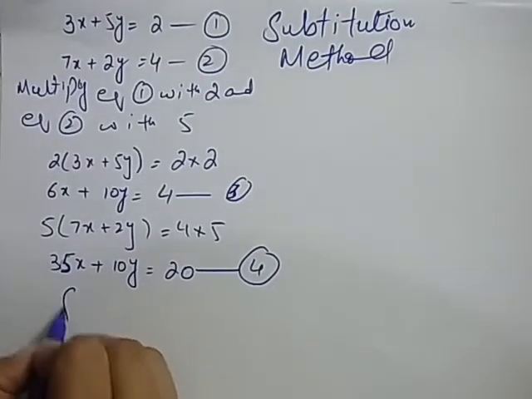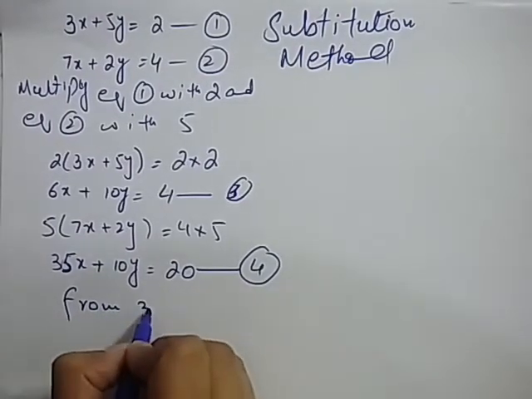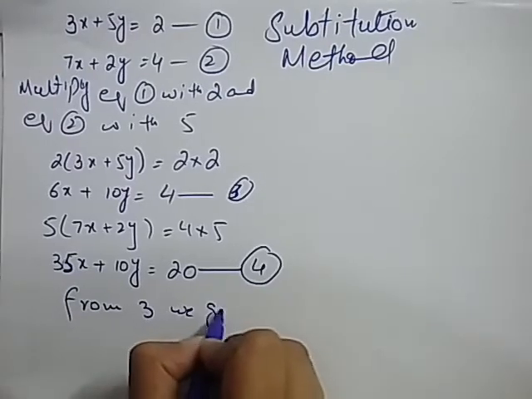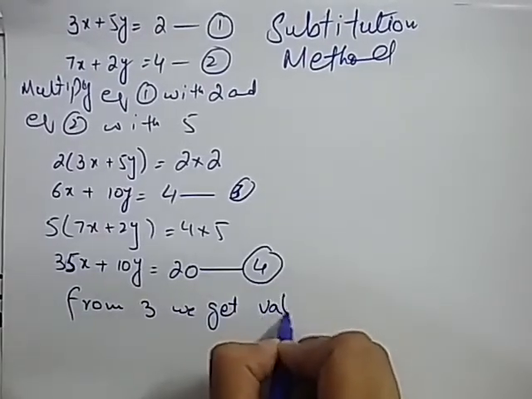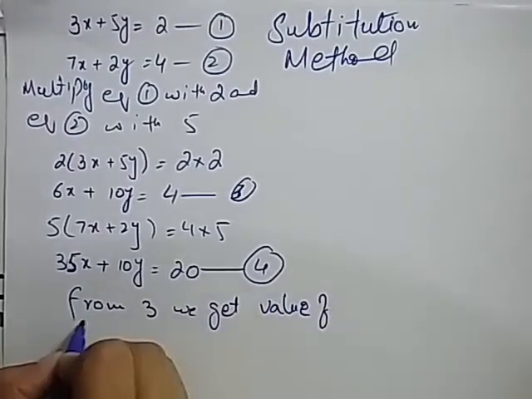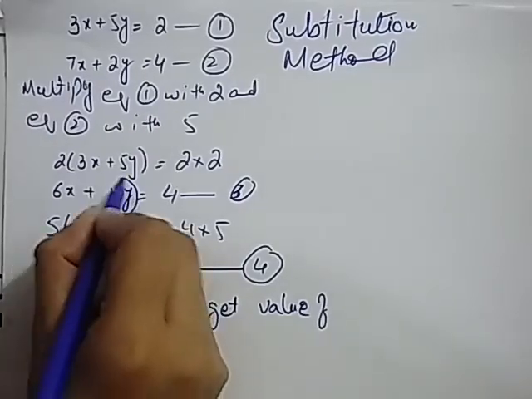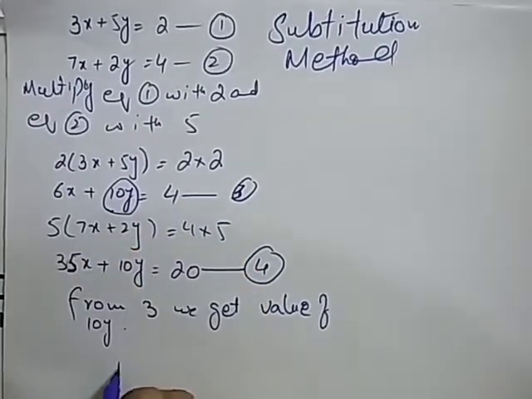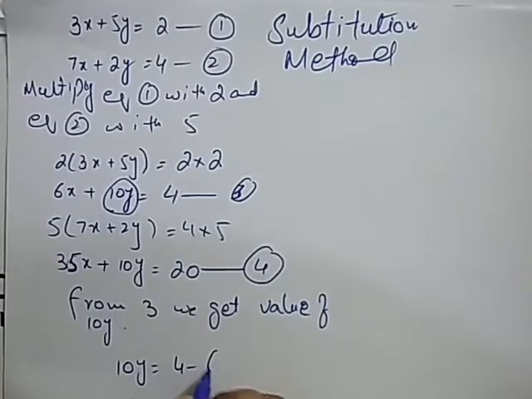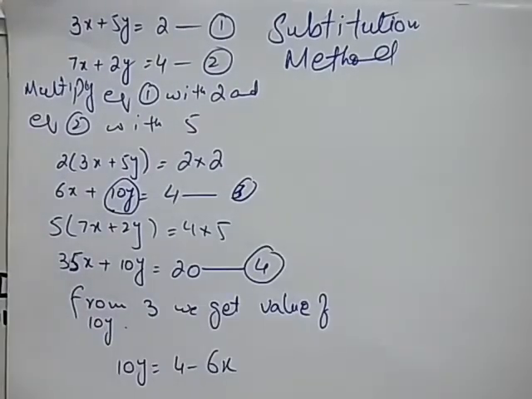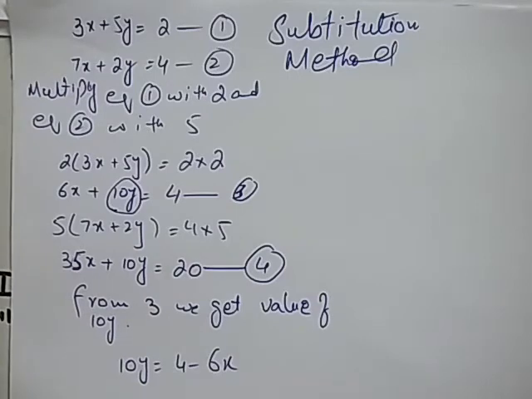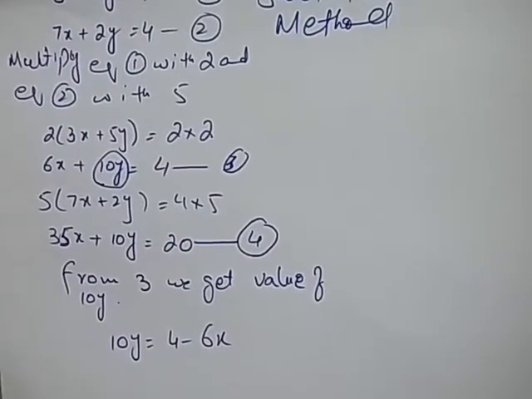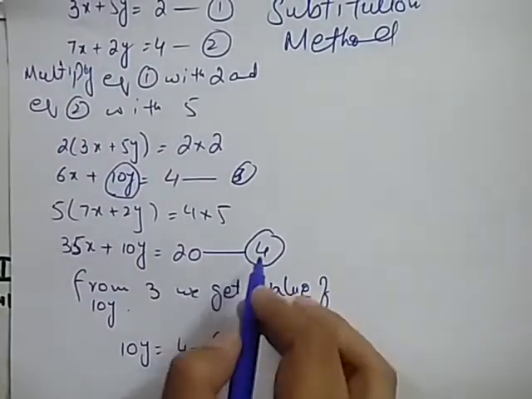So from 3 we get the value of 10y. 10y will remain here, 6x will be shifted over there, and 10y is equal to 4 minus 6x. Now put the value of 10y, equal to 4 minus 6x, in equation number 4.